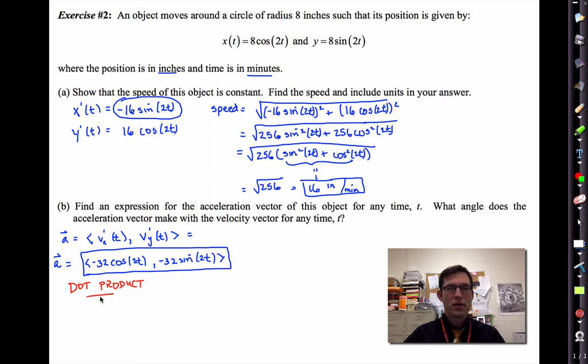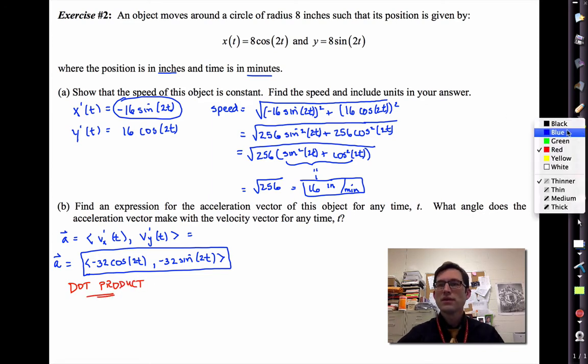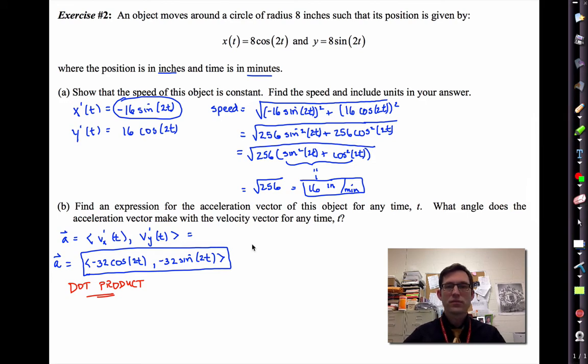All right. So let's do this. Let's find A dot V. Now we have A, and up here we actually have V, so let me write that out formally. The velocity vector is negative 16 times the sine of 2t and 16 cosine of 2t.